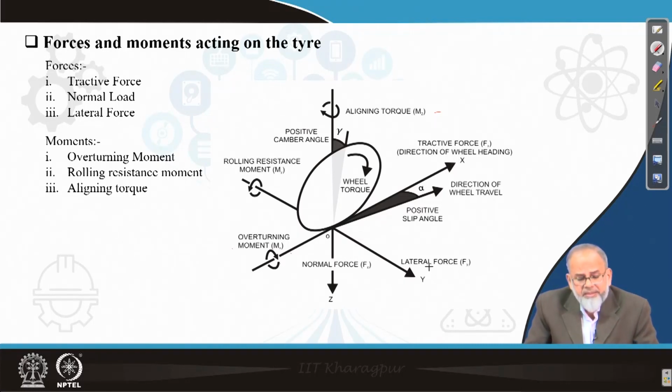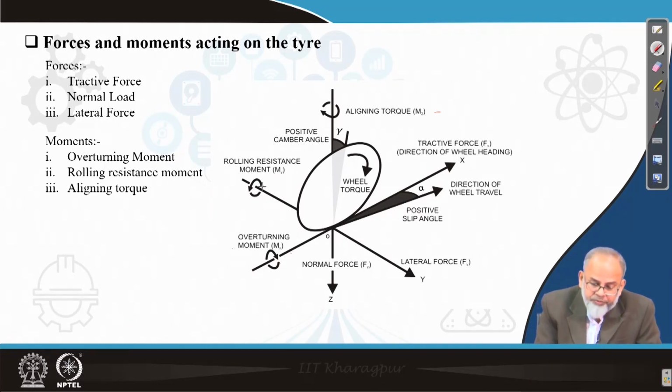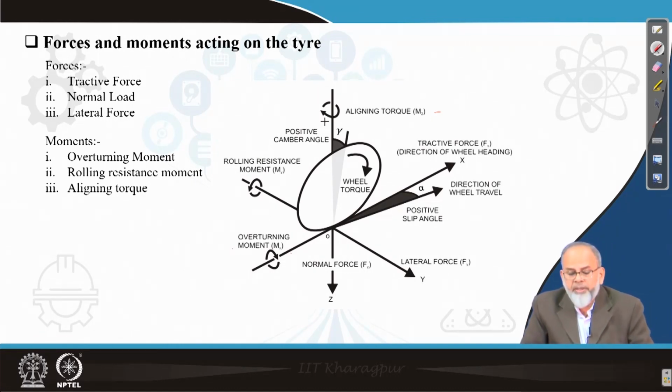The next thing is, what are the moments acting? There are moments about the x-axis, y-axis, and z-axis. The moment about the x-axis is called the overturning moment. The moment about the y-axis is called the rolling resistance moment, and the moment about the z-axis is called the aligning torque.